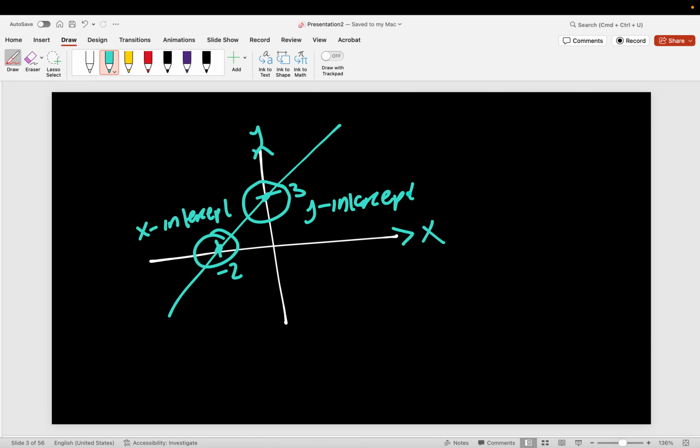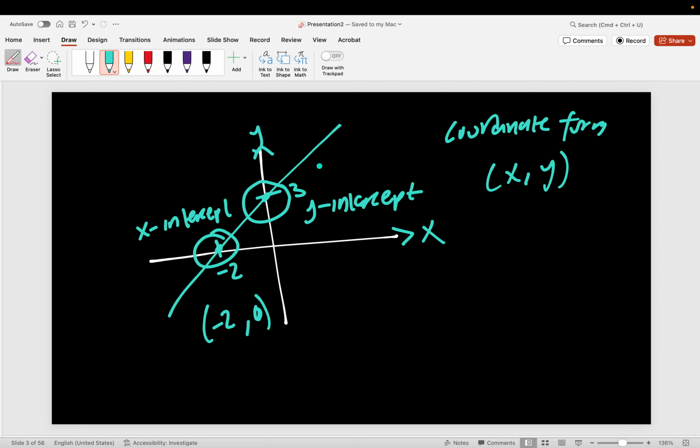If you were to put it in coordinate form, it's always x comma y. So if I put this in coordinate form, or ordered pair, it's x first and then y. For the x-intercept, the x value is -2 and the y value is 0. Same thing here: what is my x value at my y-intercept?